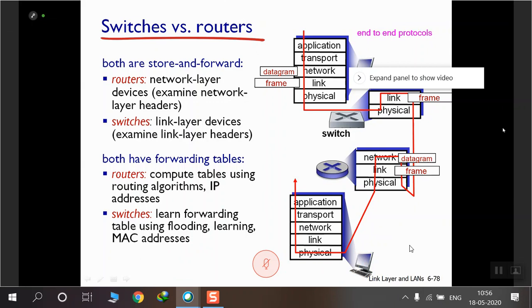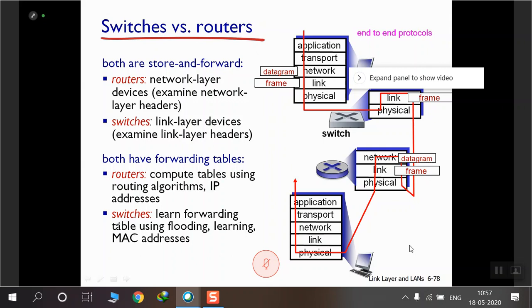Compared to this, let's try to see what we have as switches. In switches, we have very high performance bridges.